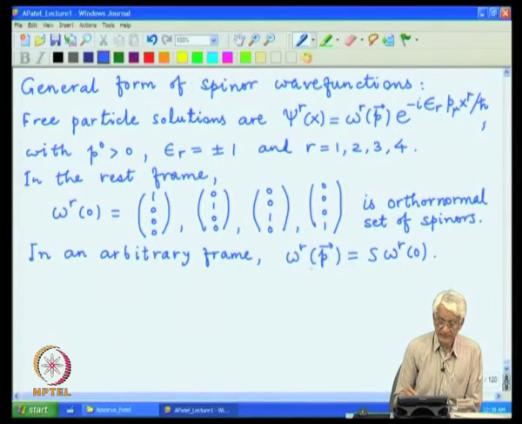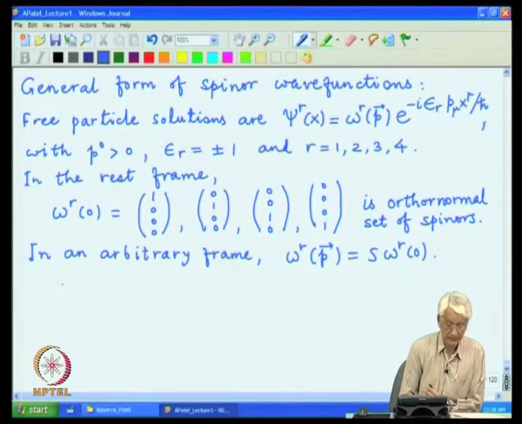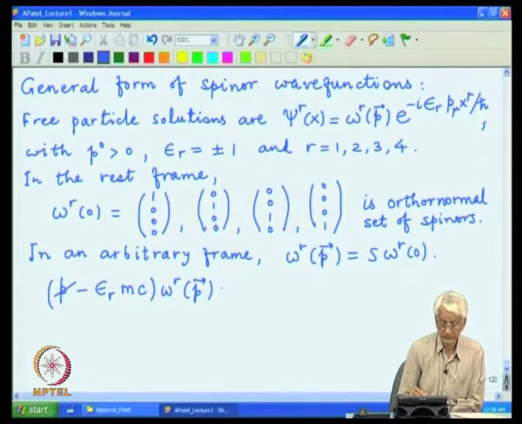The equations satisfied by these objects can also be written, and they correspond to P slash minus epsilon r m c acting on omega r p equal to 0.